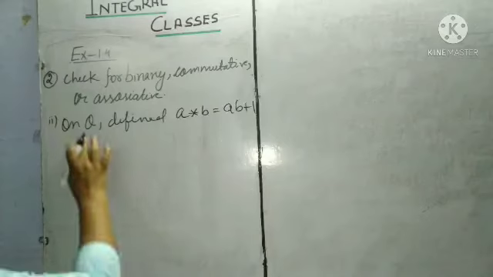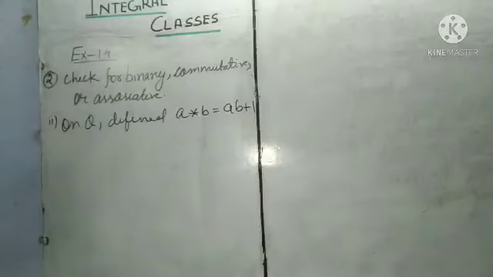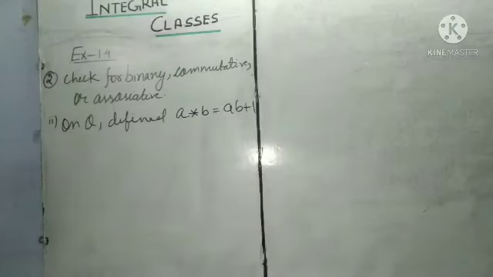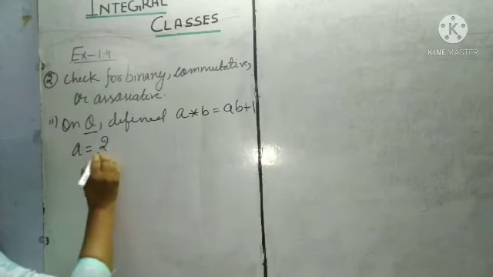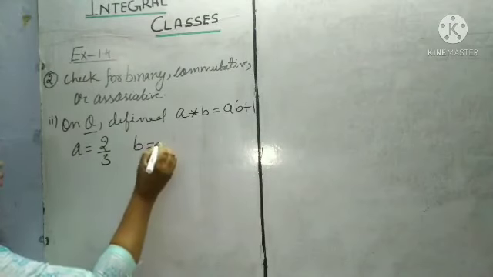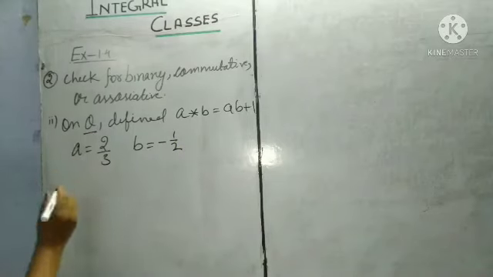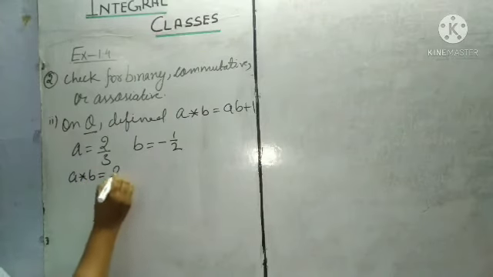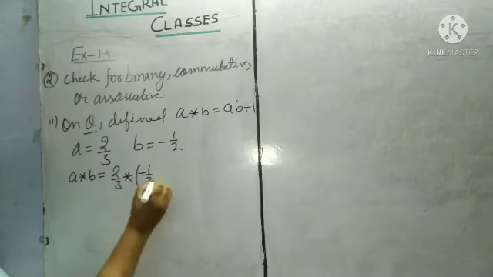Question number second on Q. Q is the set of rational numbers. Define A star B equal to AB plus 1. First we will check whether this binary operation is followed or not. If we take two numbers from Q, A equal to 2 by 3 and B equal to minus 1 by 2, and apply A star B, it means 2 by 3 star minus 1 by 2.